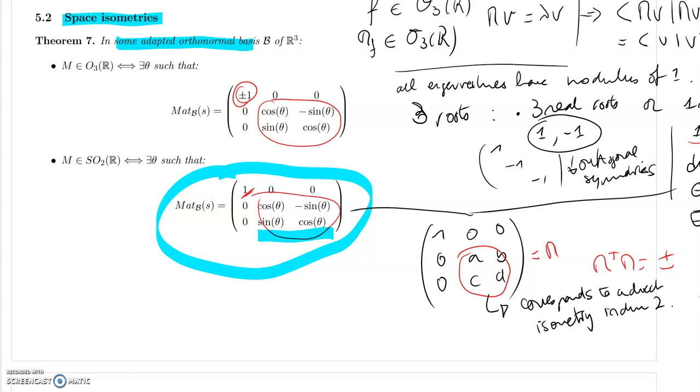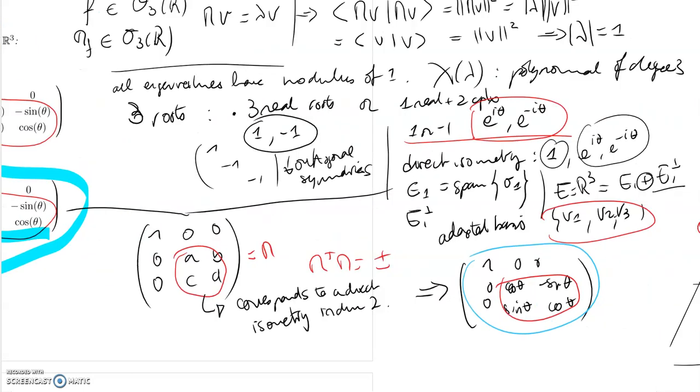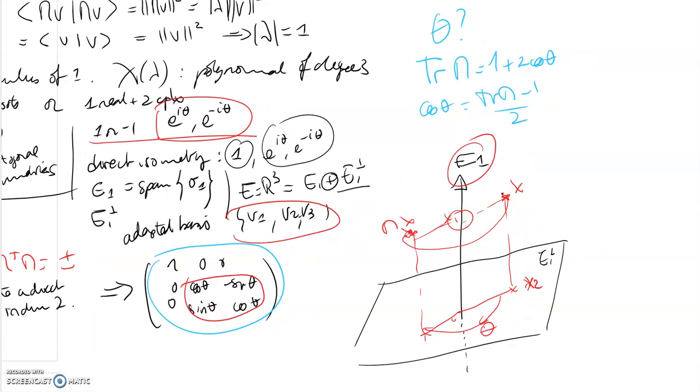We said that this transformation corresponds, as in the little drawing, to a rotation of angle theta around the axis given by the eigenvector associated to the eigenvalue 1.